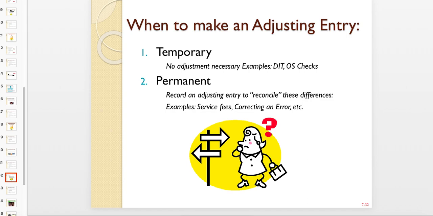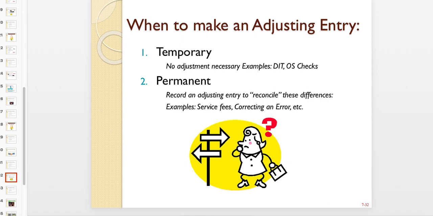So the things that the bank either put into your account or took out of your account that you didn't know about, so you haven't recorded yet. So that's going to be things like the service fee or the NSF check. Those are things that the bank knew about that we haven't recorded. Well, we need to record those because it's not just something that will resolve itself.